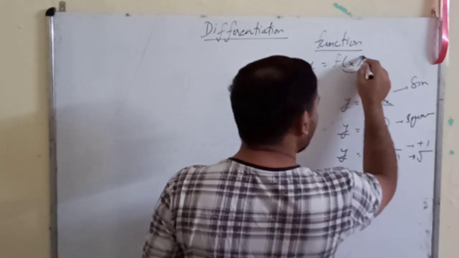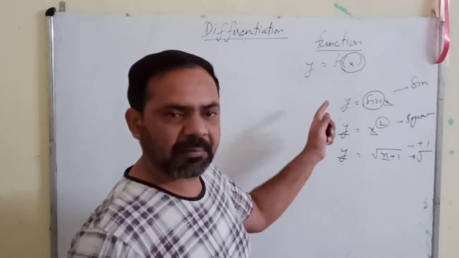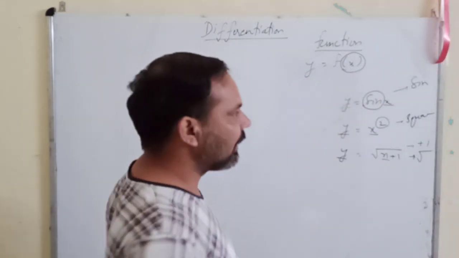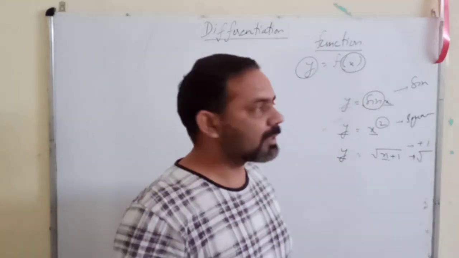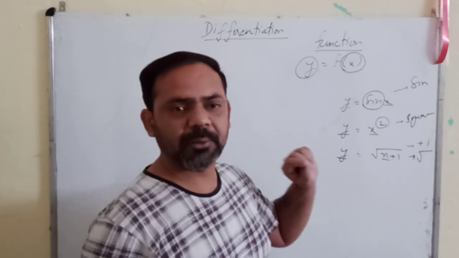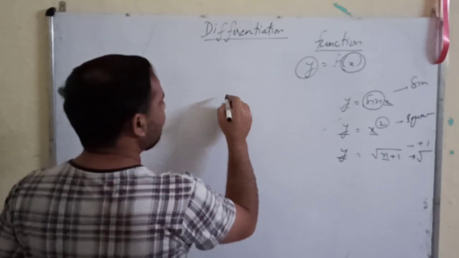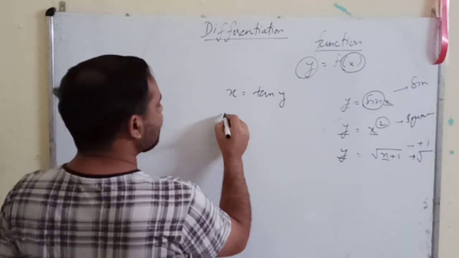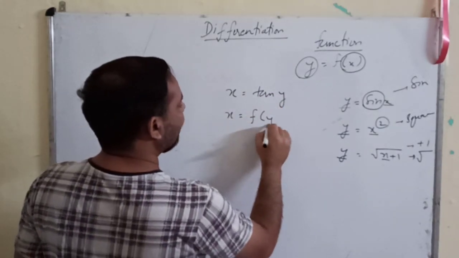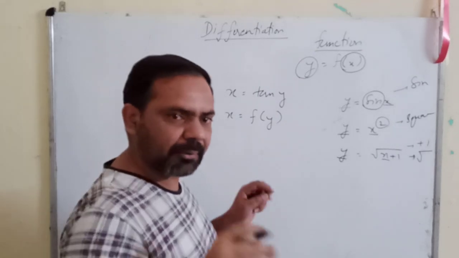f is a kind of process that is applied on x, and we get the value y. When the function is applied on x, you are getting the value y. Suppose you have x equals f(y). Now the function is of the form x equals f(y).